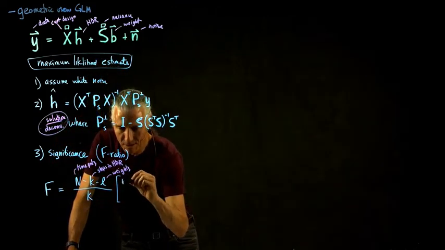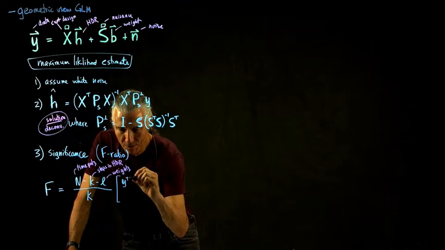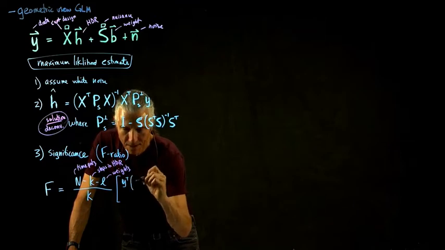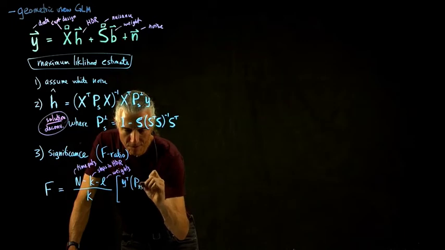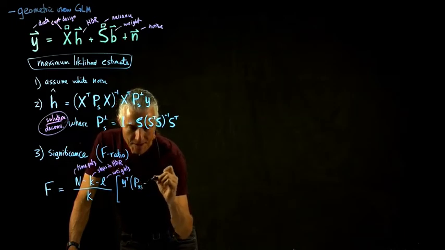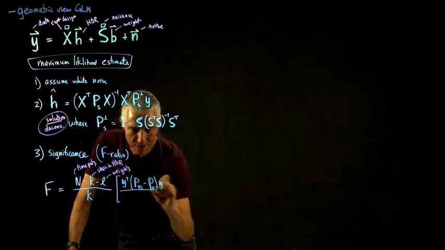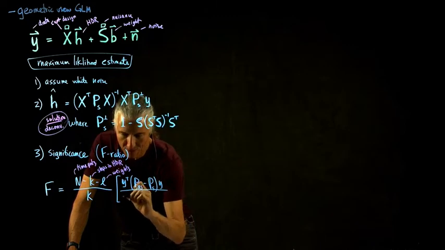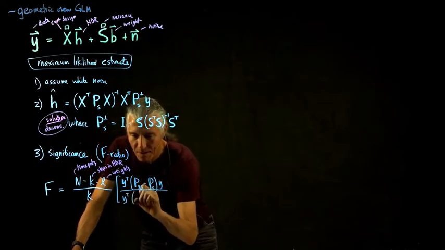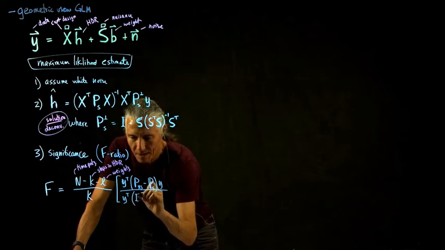So the signal was the transpose of our data times yet another matrix, which we'll describe, and another matrix over here times y. So that was our signal divided by our noise. And our noise is the data transposed.